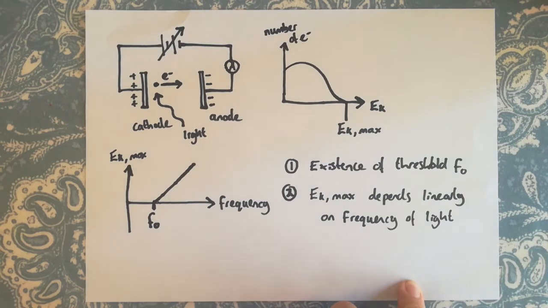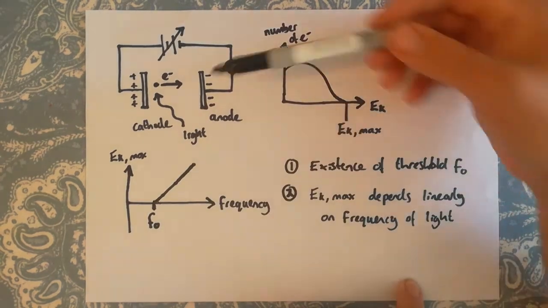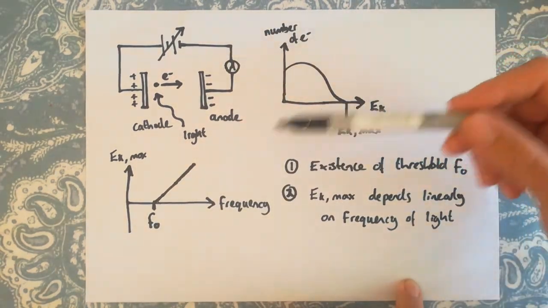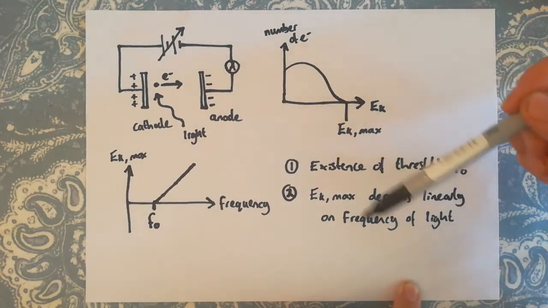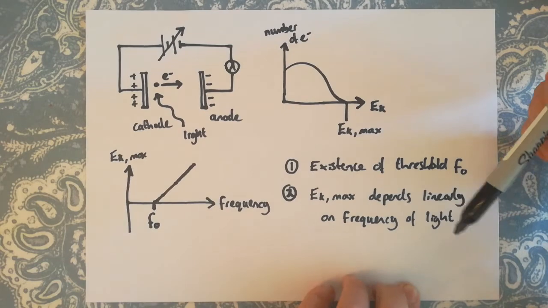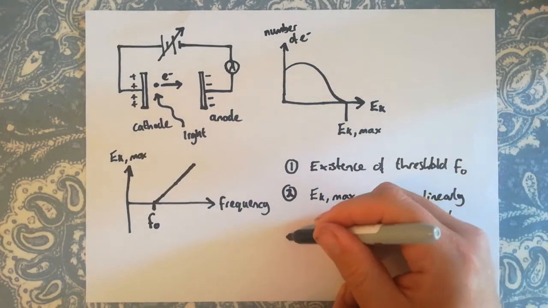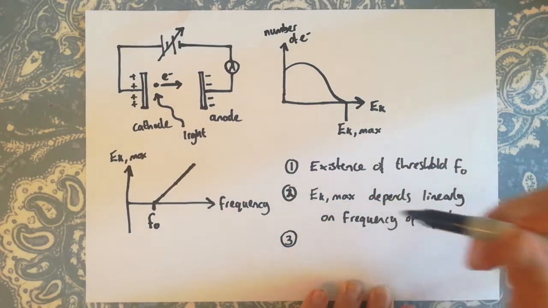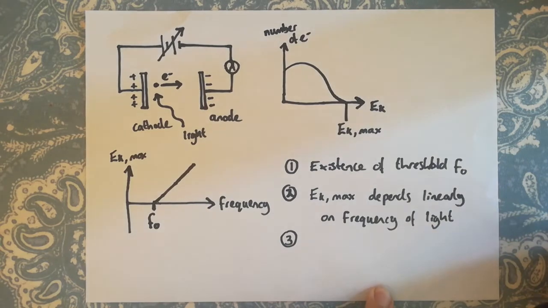So what else could we do? We talked in the first video about how we could change the frequency or the color of light. Another experiment we could do would be to fix the color of light, so we're using a fixed frequency, and change the intensity of light.